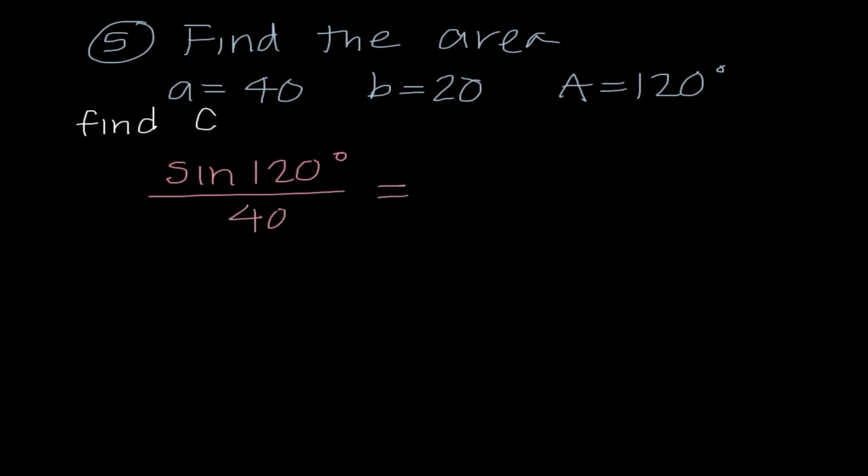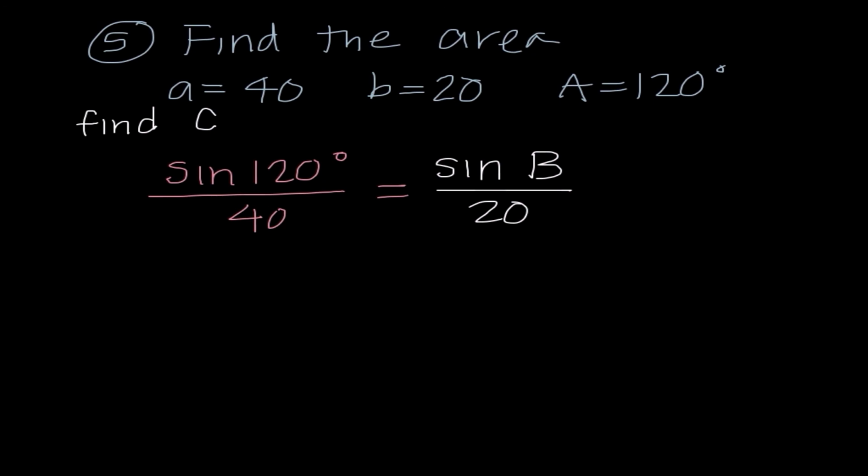The reason why I would choose to use law of sines here is because we're talking about 2 different angles. Even though I'm saying find angle C, they don't give us side C. So I'm actually going to find angle B here. And if I know these 2 angles, we could use triangle sum theorem to find our third angle.